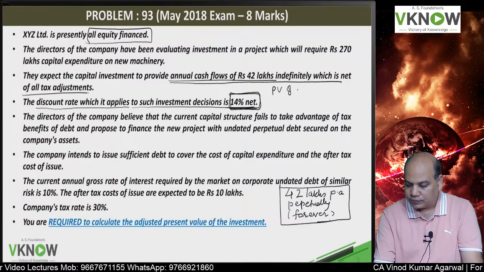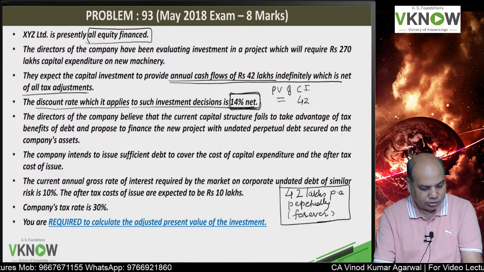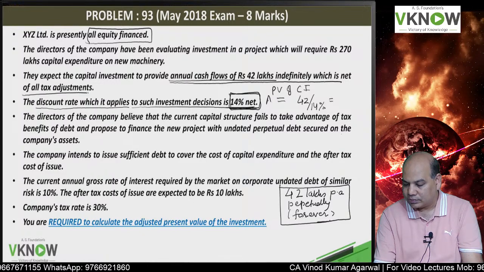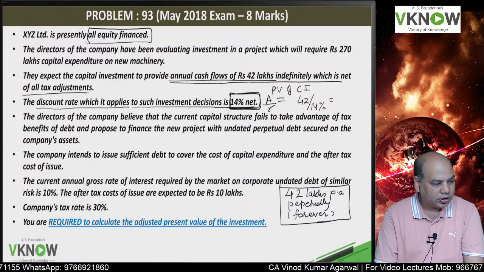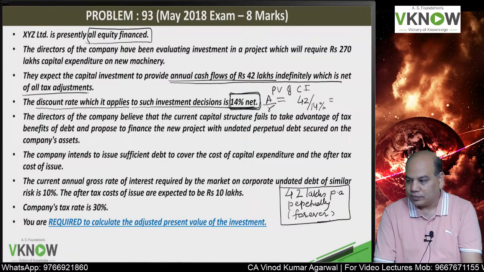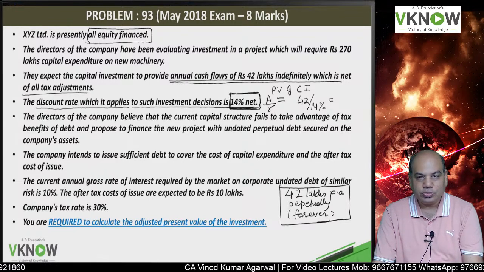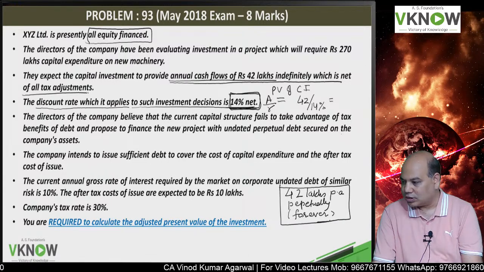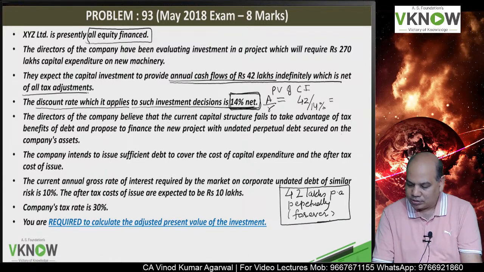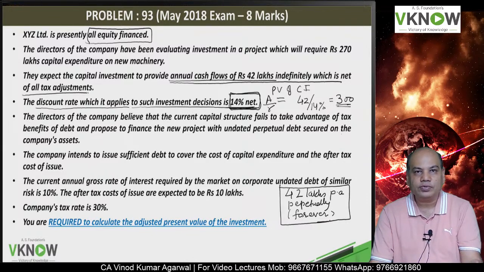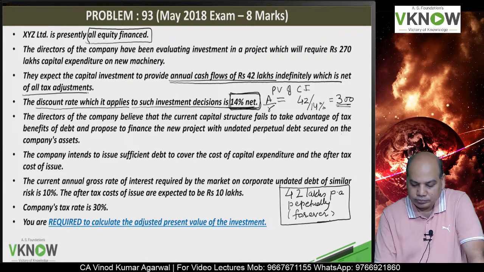So PV of cash inflow will be 42 divided by 14%, annuity upon rate of discount. 42 divided by 14%, answer please. So present value of cash flow will be 300.